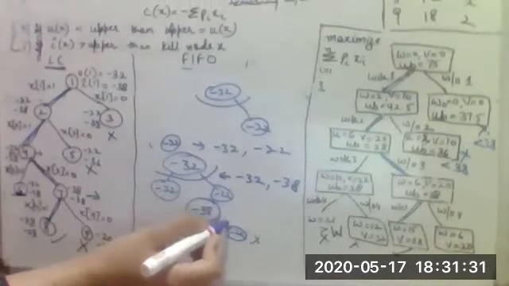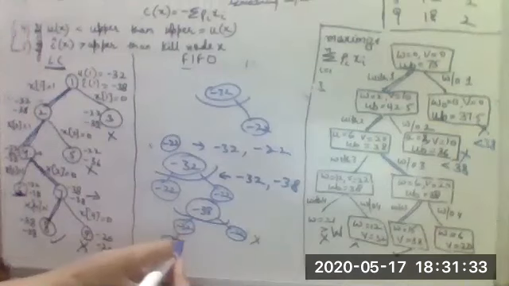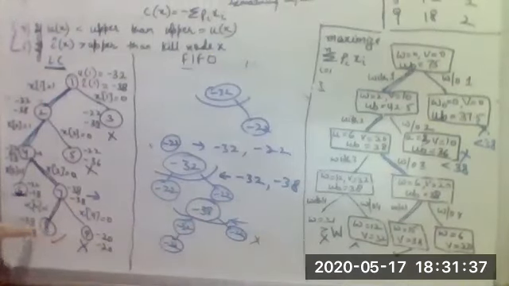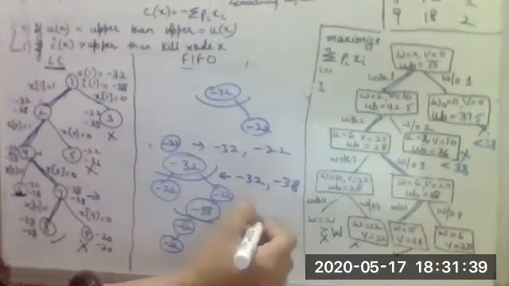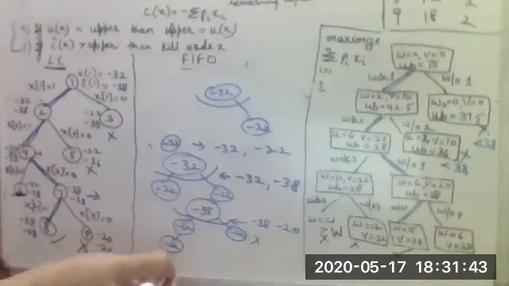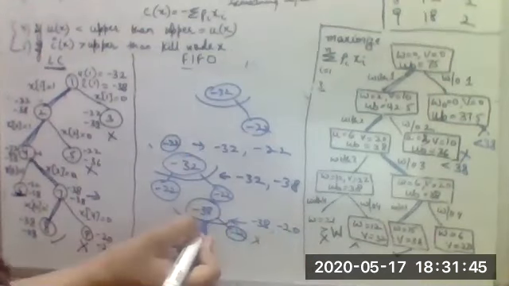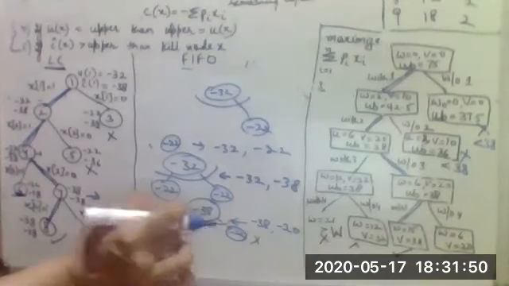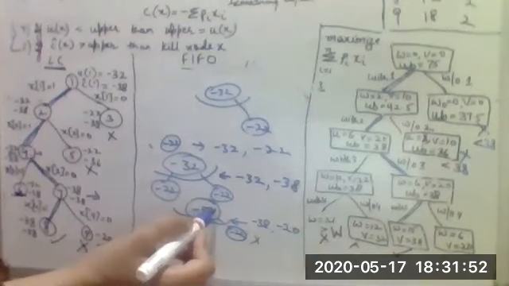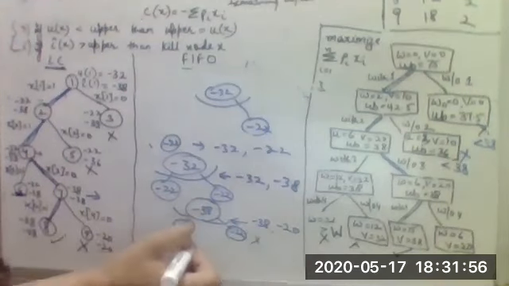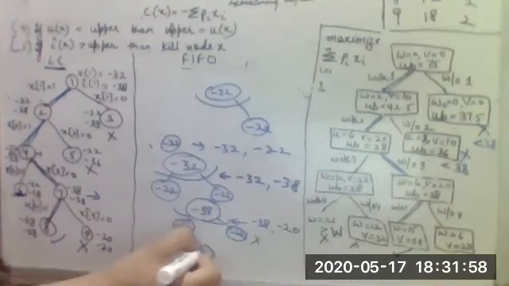Now from this, again minus 32 gets deleted, and what you are going to add is its subnodes, which have the values minus 38 and minus 20. So you are going to add this. Minus 38 again gets added. This remains the same, although earlier it was the 7th node, now it is the 8th node, as well as you are adding minus 20 into that.